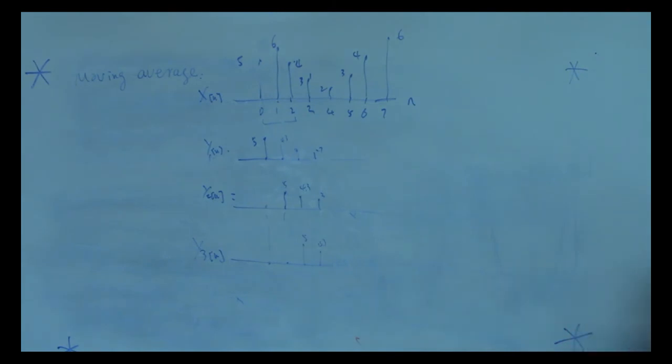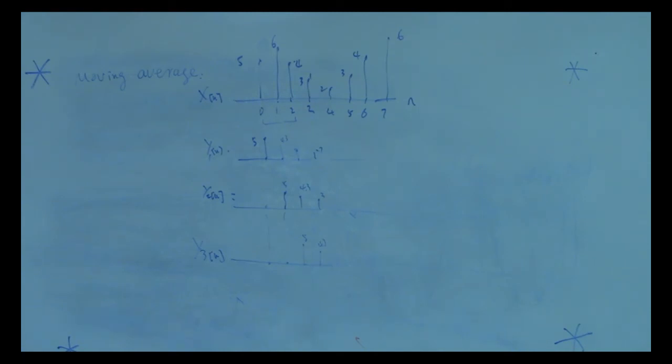Does it make sense? Okay, let me ask. All these systems have memory. Which system is memoryless? Although we haven't discussed this concept yet, you can figure it out with what we learned for continuous time. Do we need memory?